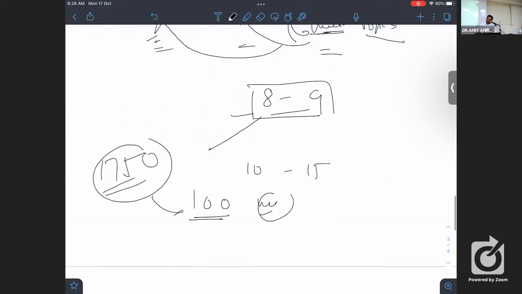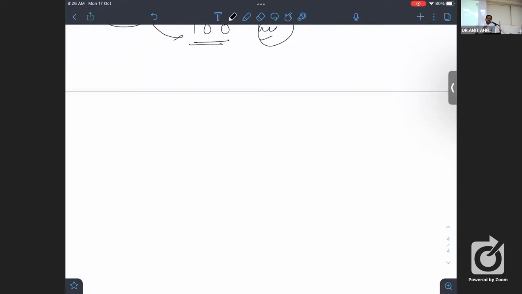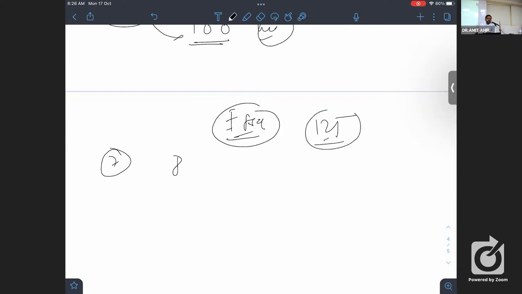Now in the essay paper, nowadays UPSC asks philosophical subjects. In essay also you will find at least one question from science and technology. This is definitely there. Suppose out of 8 essays, 7 essays are philosophical topics, but at least one essay you will find based on a science and technology related topic, and that essay carries 125 marks.